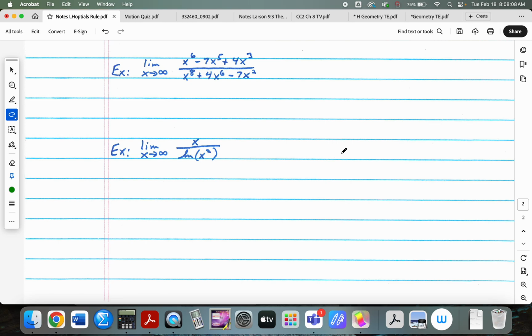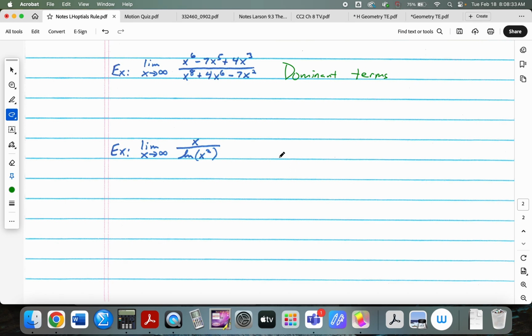What I remember is something called dominant terms. So as x goes to infinity, which term in the numerator has the greatest impact on the value of the numerator?